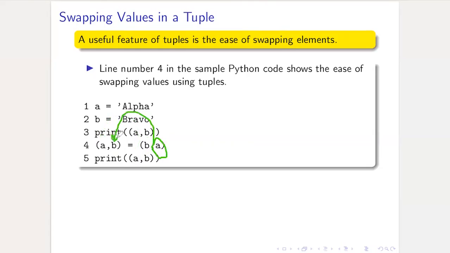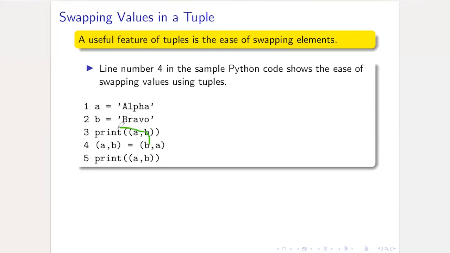Normally when we want to do a swap, first of all, we have to store the value of A into a temporary variable, then assign B to A, and then assign the temporarily stored value to B. Otherwise, we lose the value of A, no?